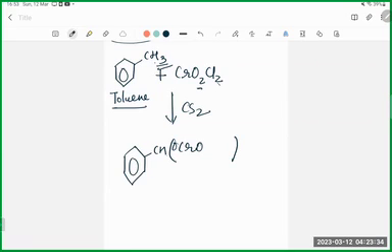Then one H we keep, and we make it two, because two are missing from the CH3. One is already here, and two are missing, so two will be represented here. Cl2 is taken, and we do double of this, meaning CH2 has now been associated with CrO2Cl2. Did you understand? This is the adduct product.